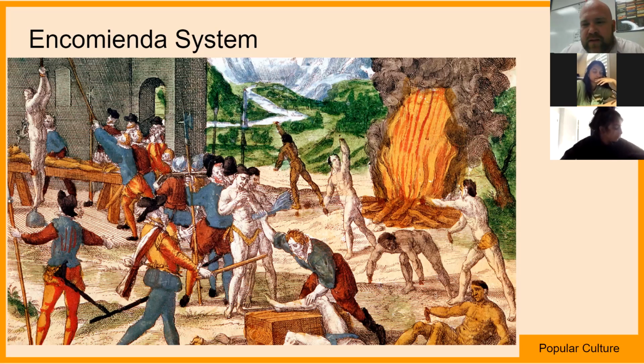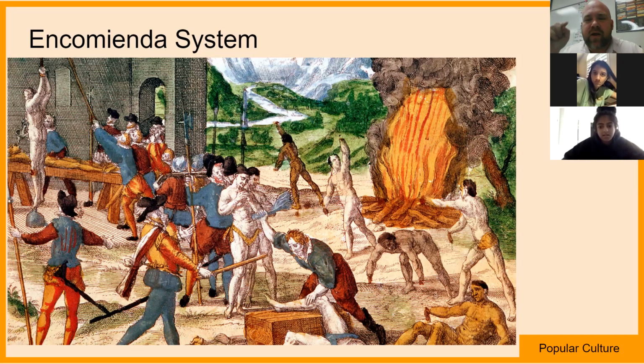Okay, so the encomienda system is a plantation system where the Spanish enslaved the natives. Now, the Spanish try to say this isn't slavery. They say it's not slavery because we're paying them.